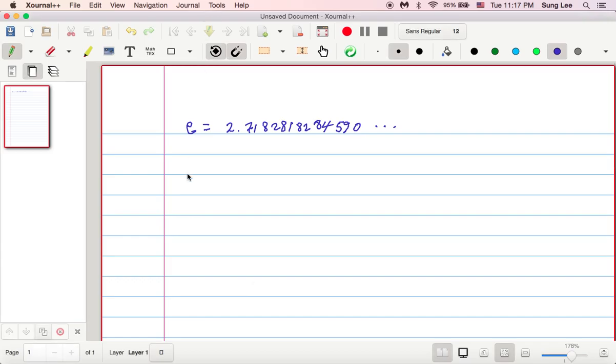So we want to show d by dx of ln of x equals 1 over x.